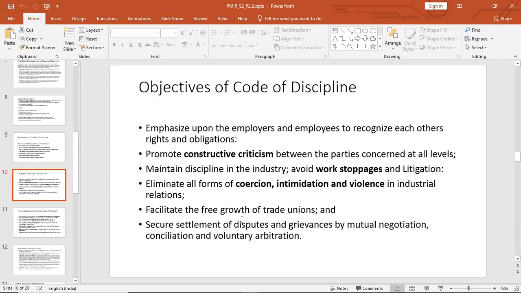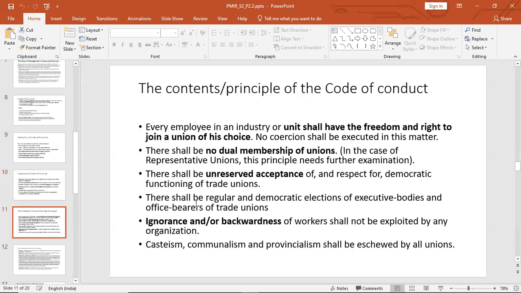Then the objective of the code of discipline. What are the objectives? Why was it created? The content and principles of the code of conduct. Every employee in an industry has the freedom and right to join the union of his choice.